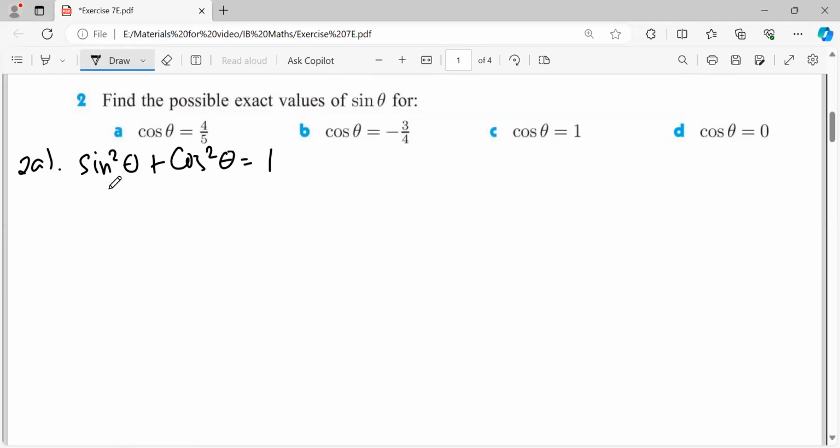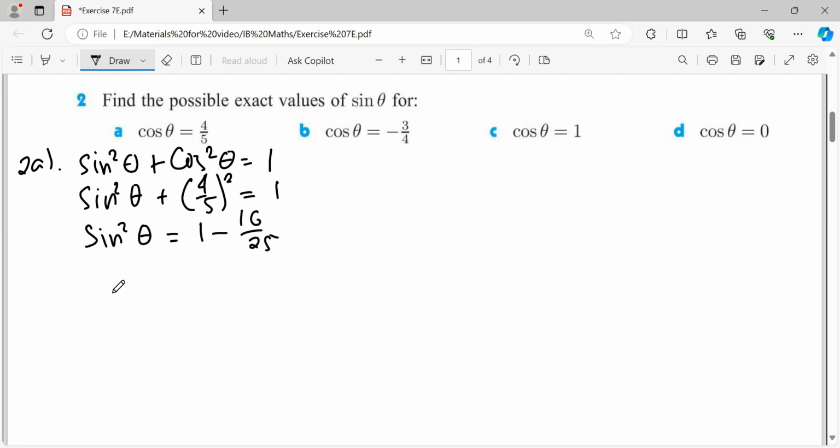And substitute cosine 4/5. 4/5 squared, so sine squared theta equals 1 minus 16 over 25.